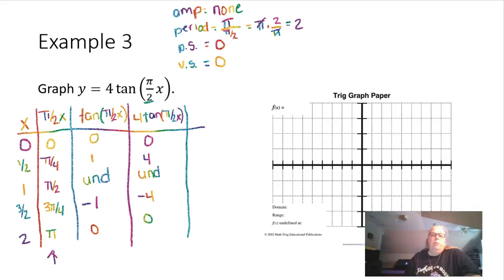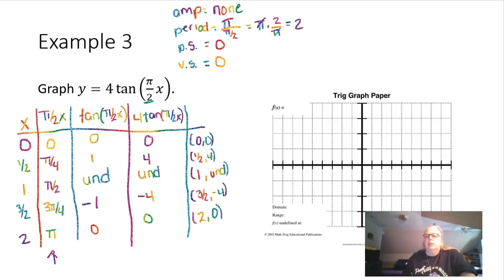Our ordered pairs we want to graph: we want 0, 0, 1/2, 4. At 1, we're going to be undefined. At 3 halves, we're going to be at negative 4. And then at 2, we want to be at 0.